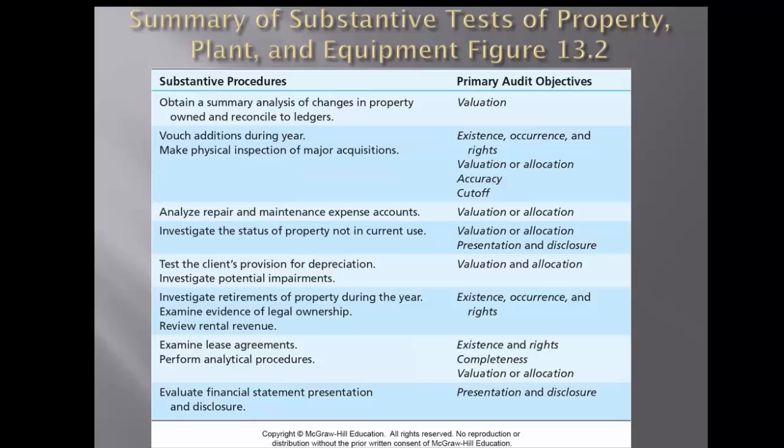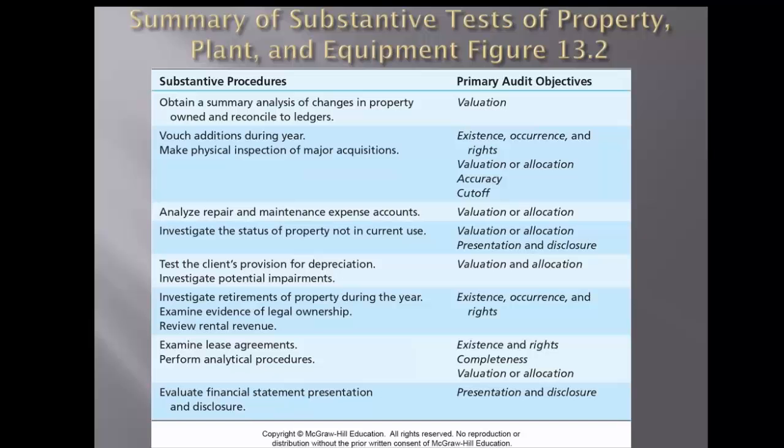We want to obtain a summary analysis of the changes in property. This is looking primarily at the objective of valuation. We want to vouch additions during the year and make physical inspections of major acquisitions. We're looking at existence, occurrence, rights, valuation and allocation, and cutoff.